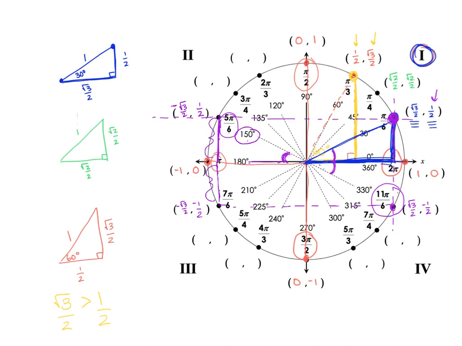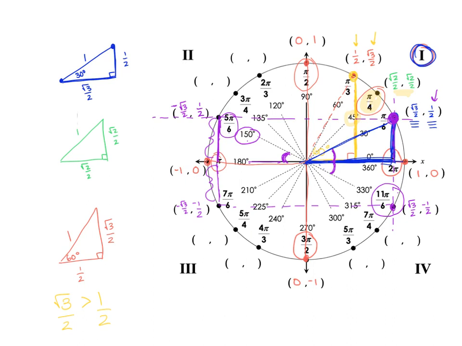Let's take a look now. Let's see if we can fill in the rest. So pi over 4, or 45 degrees. Any angle throughout the unit circle that has a reference angle of pi over 4, or 45 degrees, is also going to have these coordinates, just positive or negative depending on where they fall.